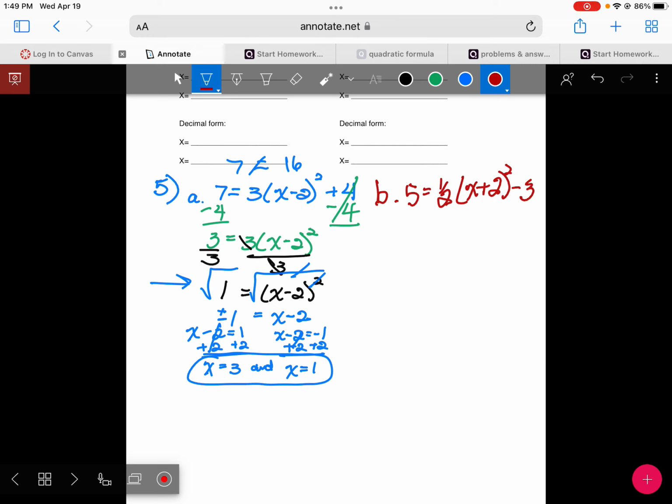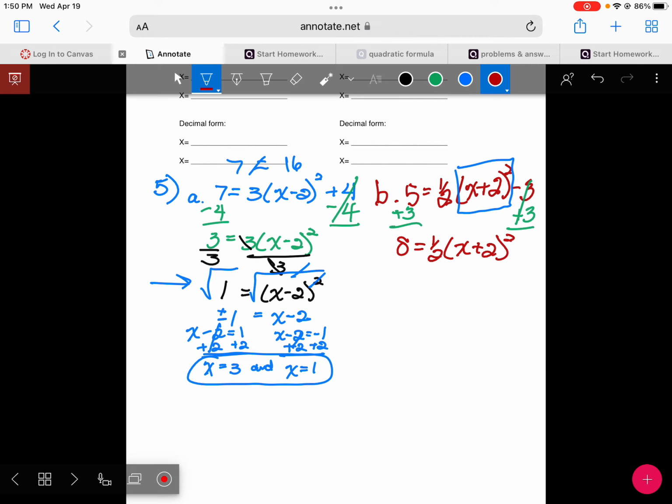So again, let's try to get this (x plus 2) squared by itself. So what would you do first? Add 3 to both sides. 3 cancels out here. Over here, I get 8 equals 1/2 times (x plus 2) squared. Okay, what would you do next?